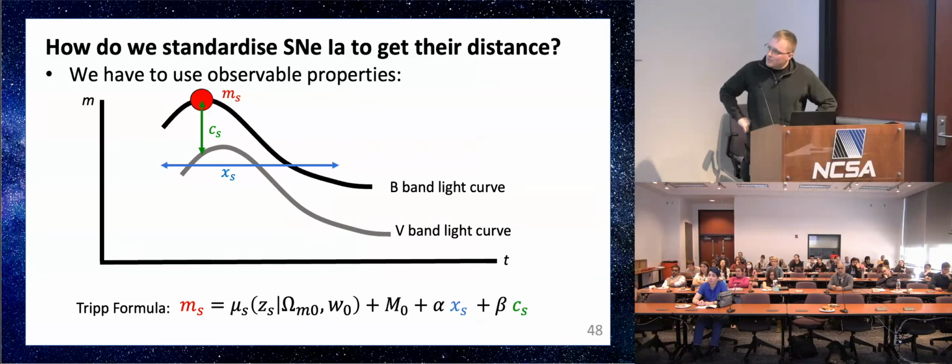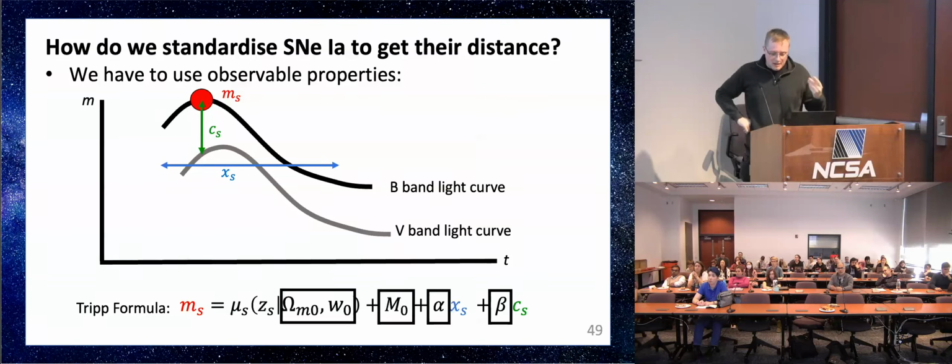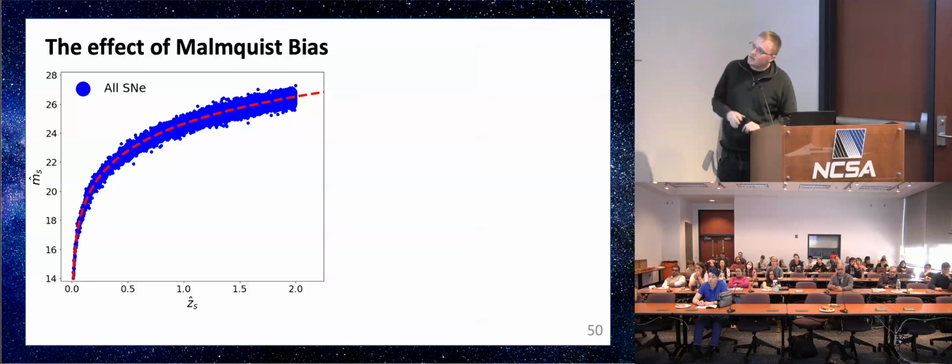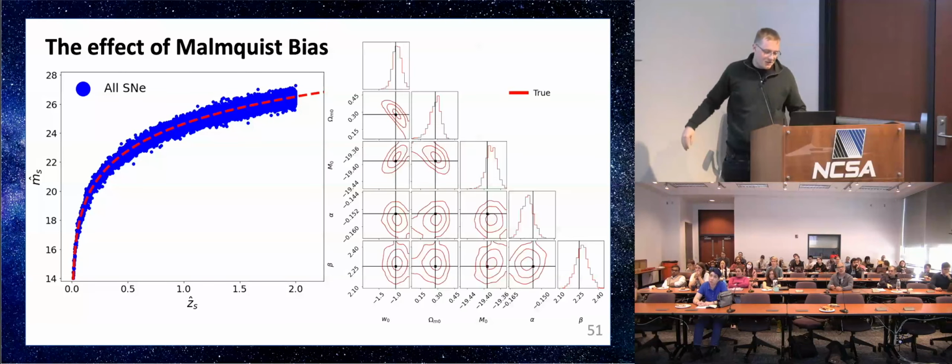So our observables are the colored symbols here, and when we're doing our hierarchical analysis, we're inferring these relationships as well as the cosmology. And if you plot the supernovae on the Hubble diagram, it's literally the shape of this arc that is giving you constraints on cosmology.